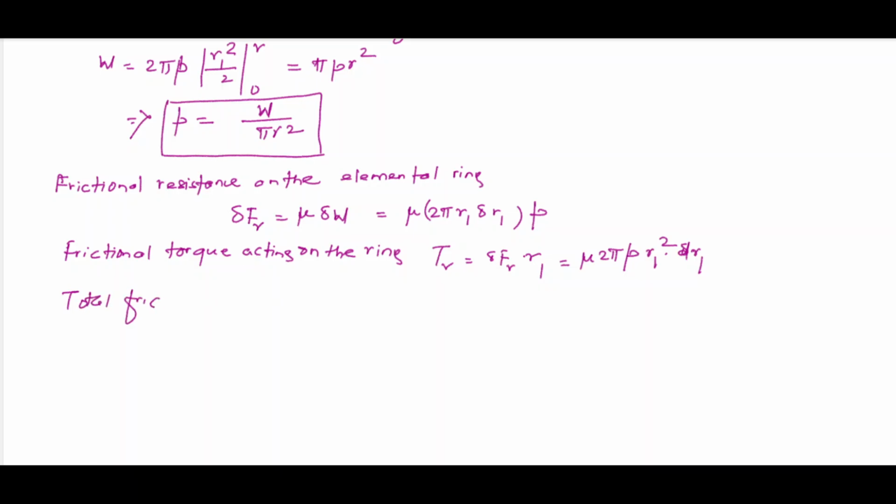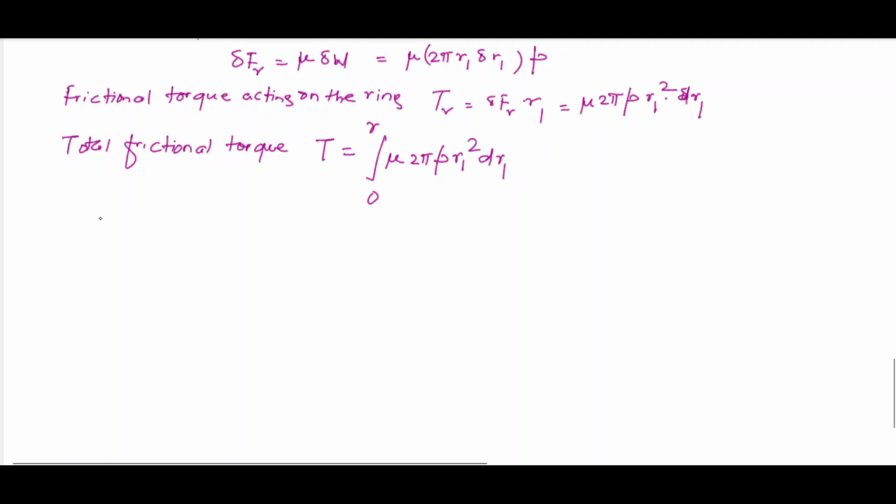Now the total frictional torque T will be the integration from 0 to r of mu 2 pi p r1 square dr1.